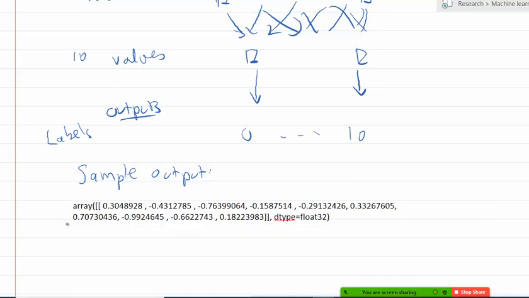Here we have 10 numbers. Now what you want to do is associate these 10 numbers with a probability.